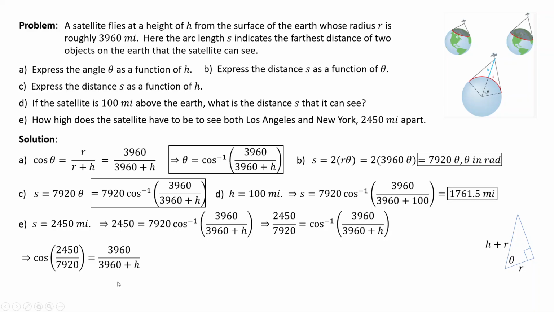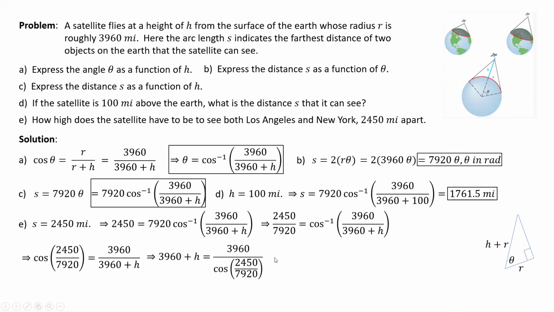Okay. And notice our objective is to find h. So let's cross multiply these two and divide by the cosine, and that should give us 3960 plus h is equal to this 3960 divided by the cosine. And now to find h itself, subtract 3960 from both sides.